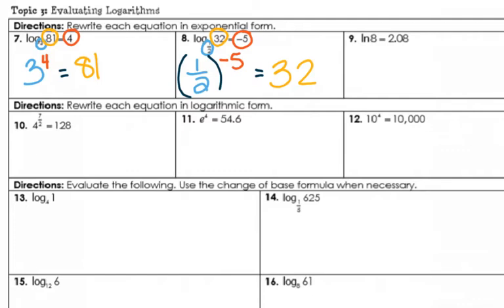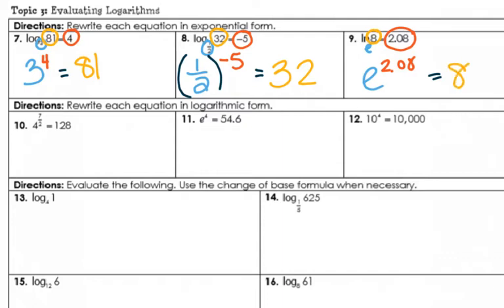So if I did this, it's kind of like the base of the log would be e, and then 8 is what I'm taking the log of, 2.08 would be my answer. So it works the same way. E was the base of the log, so e would be the base of my exponent. 2.08 would become my new exponent, and 8 would be my answer.